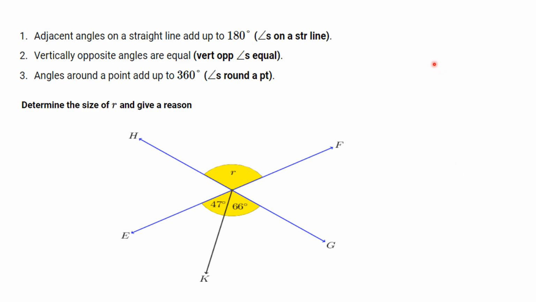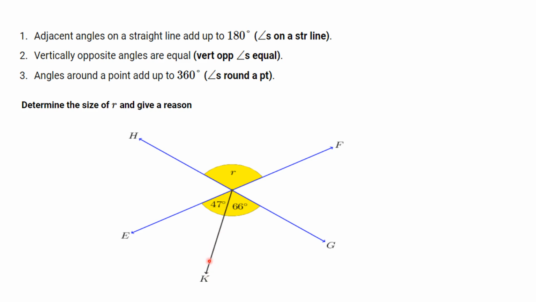So now we have to remember again an important piece of information. We know that if we have two lines that intersect, we can have different kinds of angles. So when we look at this figure here, 47 degrees and 66 degrees are divided by an arm.